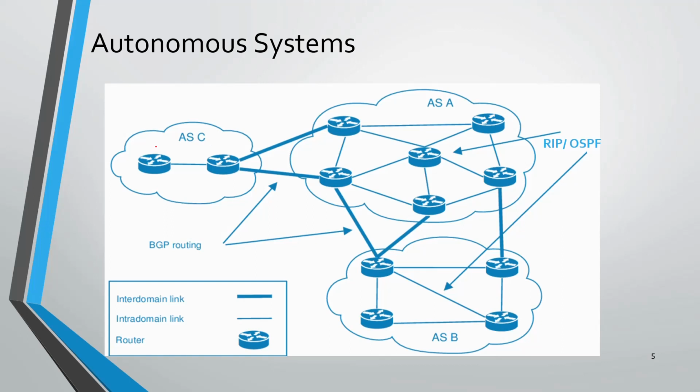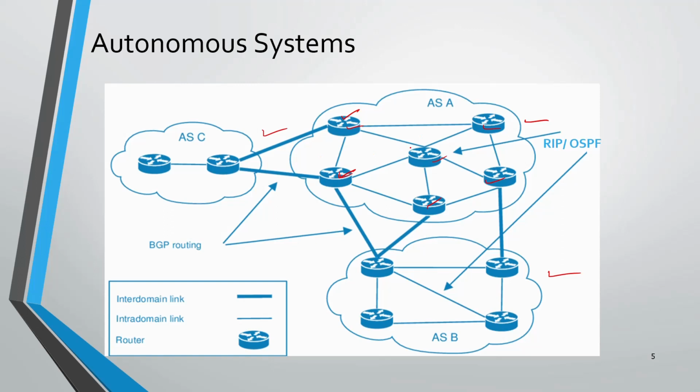Here there are three clouds shown in the diagram. The first autonomous system, AS A, means this cloud area where there are 1, 2, 3, 4, 5, 6 routers. All are connected with each other either directly or indirectly. But this autonomous system means these routers are under the administration of one router. It could be this router or any other router in the system, but basically under one router all other networks are administered.